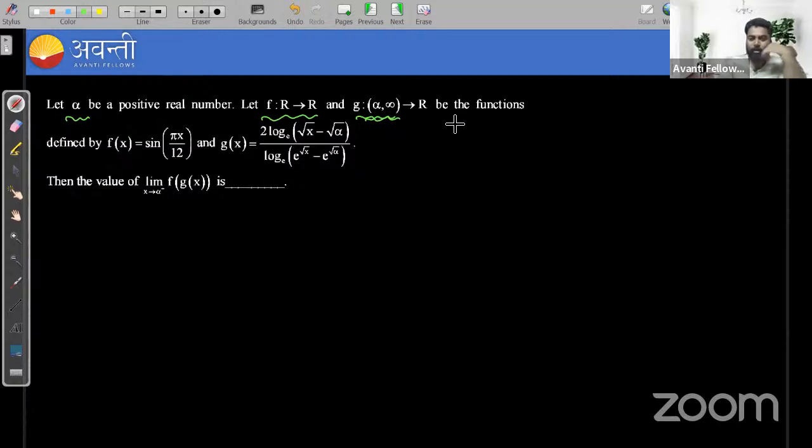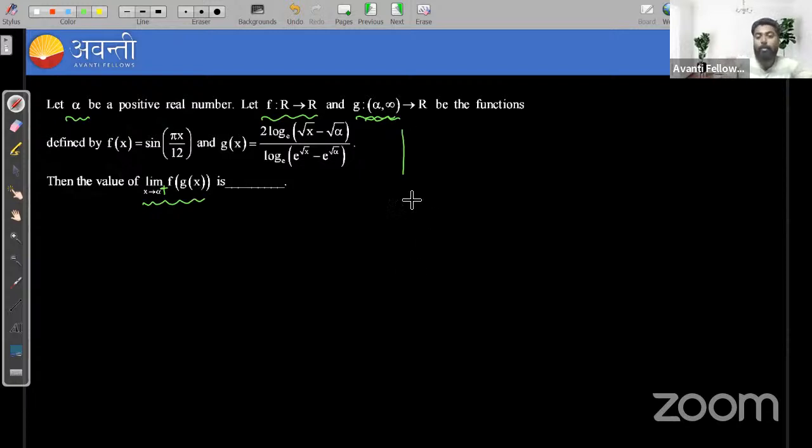These are the functions defined by f of x equal to sine of pi x upon 12 and g of x equal to 2 log of root x minus root alpha upon log of e to the power root x minus root alpha. You need to find the limit as x extends to alpha plus of f of g of x.